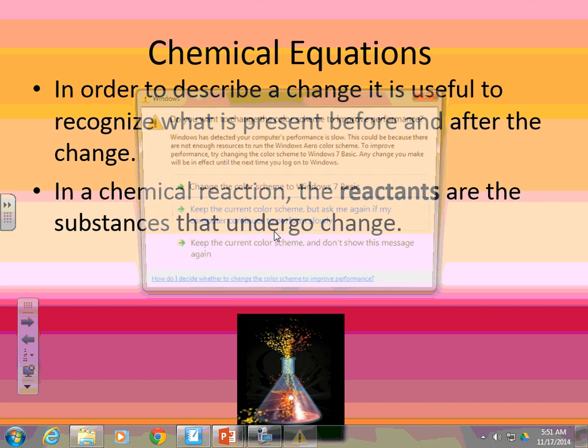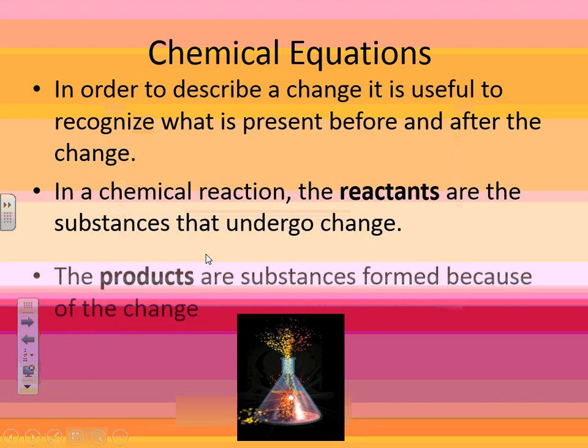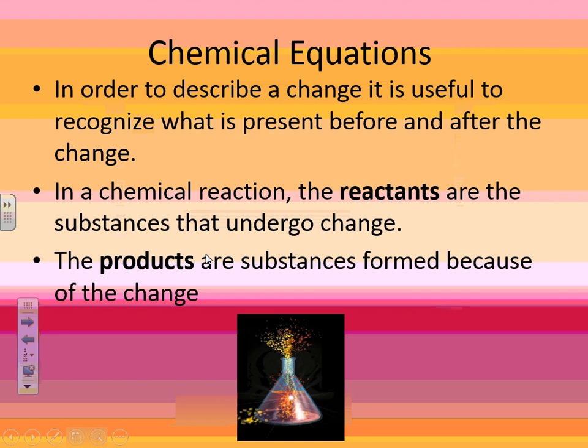So in a chemical reaction, we have reactants and we have products. The reactants are the things that are reacting, and the products are the things that are being produced. Again, one more time. The reactants are the things that are undergoing change or reacting. They are to the left of the arrow.